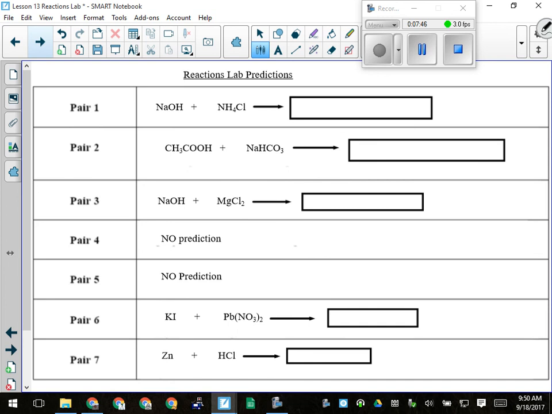Sodium and ammonium. Remember, ammonium is the only positively charged polyatomic ion, so it acts like a metal. So sodium and ammonium should switch places, so we should be able to predict who ends up with who on the other side.